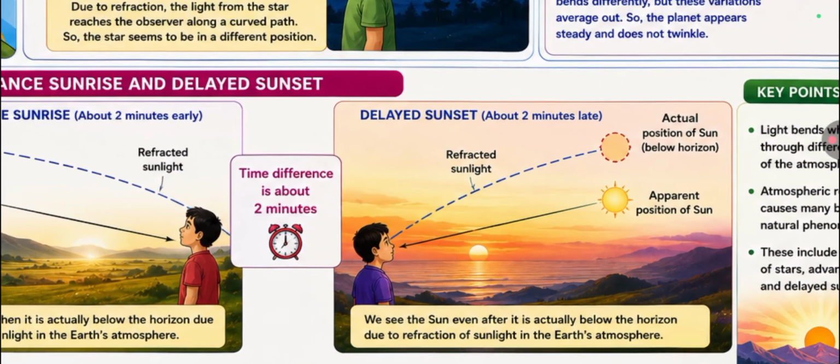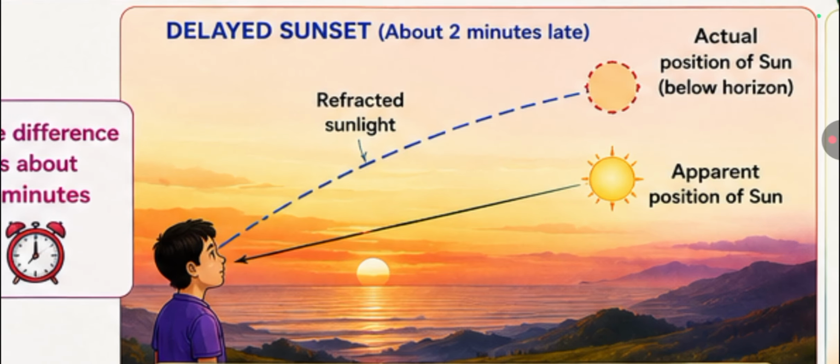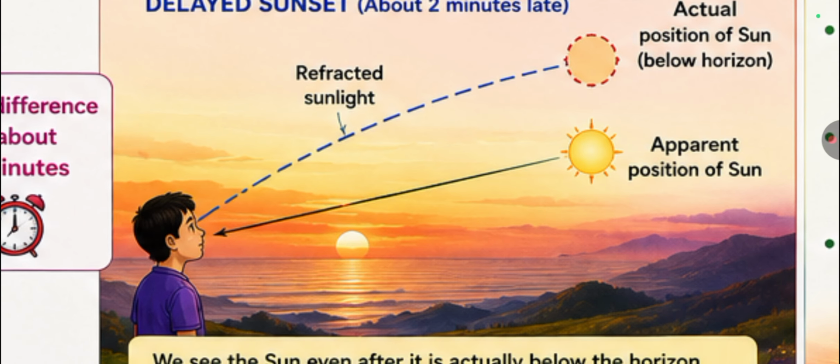And delayed sunset. Here also the actual position of the sun is below the horizon, and the apparent position of the sun is below the actual position. So here also delayed sunset is about 2 minutes late.